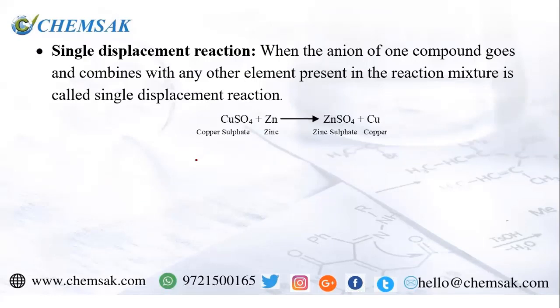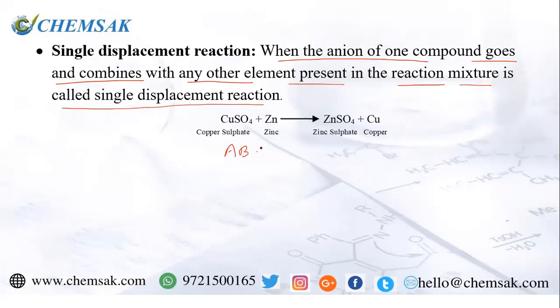Single displacement reaction: when an element displaces another element from a compound, or combines with the anion of one compound in the reaction mixture, it is called a single displacement reaction. In general, suppose a reactant AB reacts with C, then it forms A and BC.